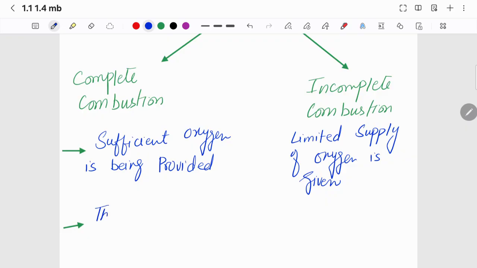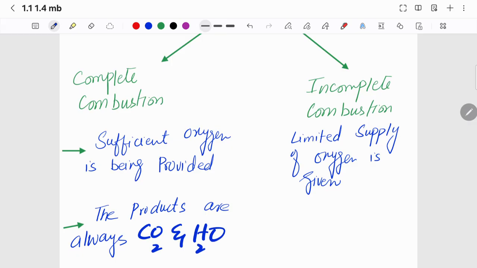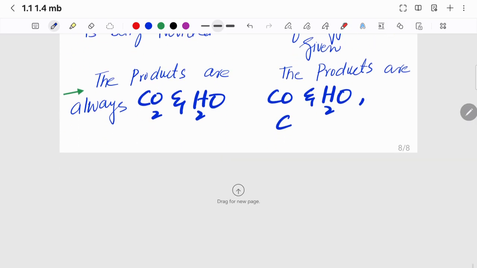Secondly, the products are always carbon dioxide and water, but here the products are carbon monoxide and water, sometimes carbon as well. So this is the main difference between them.